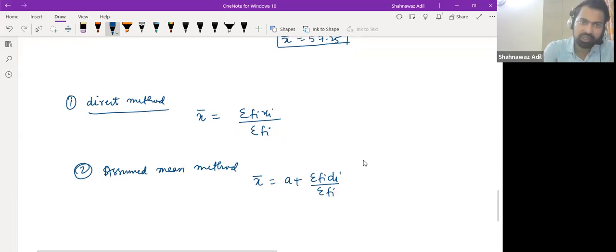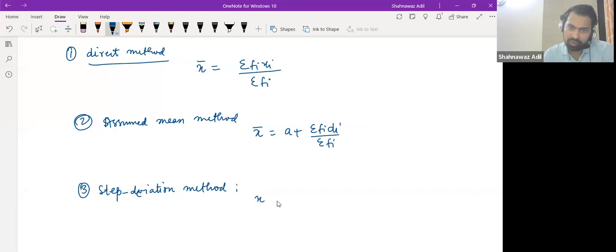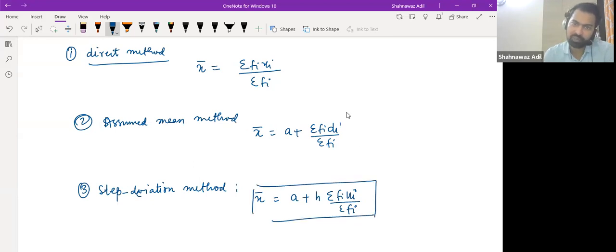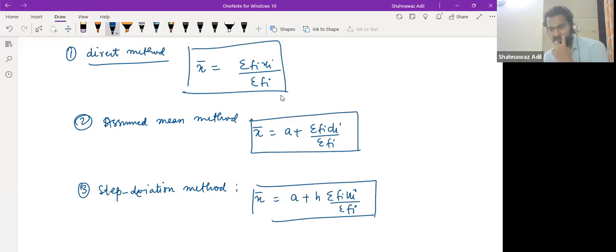And then you have the third method which is the step deviation method, right? In the step deviation method, the mean is a plus h times summation fiui divided by summation fi. So these are the three methods that you have to calculate the mean. Okay, so now let us do the exercise question.